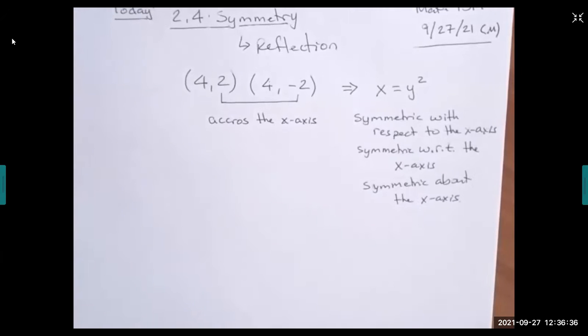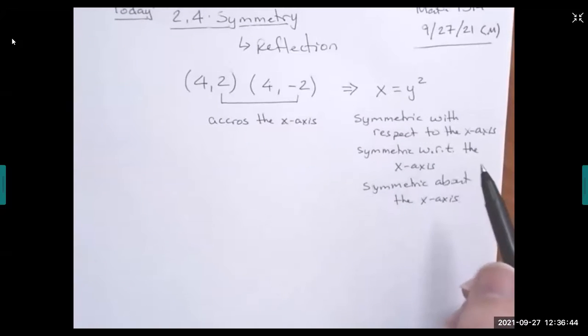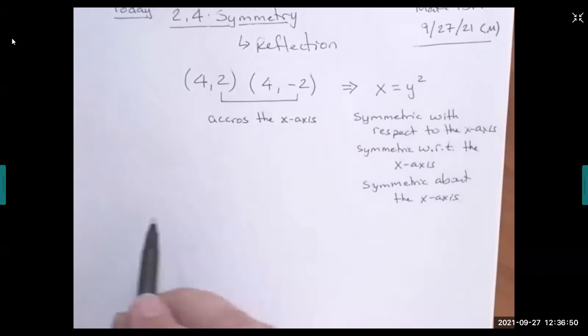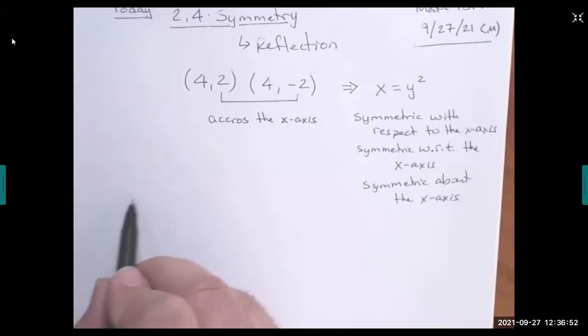So these are 3 different ways we can say the same thing. Just choose the one you like better. You can write WRT instead of writing with respect to, or you can just say symmetric about. Okay, so that's the first one.